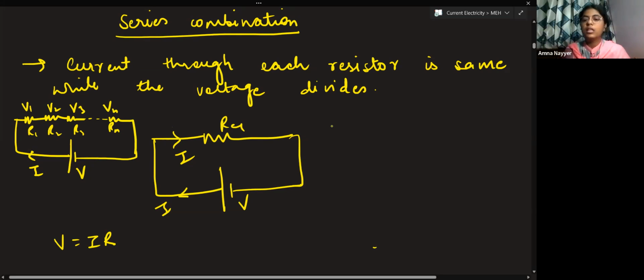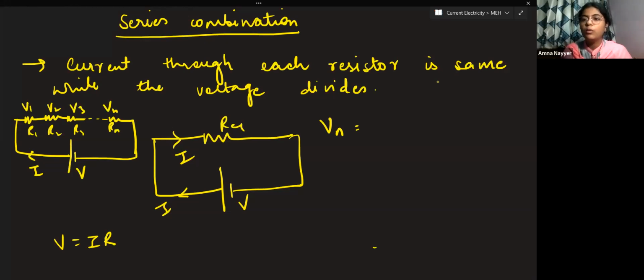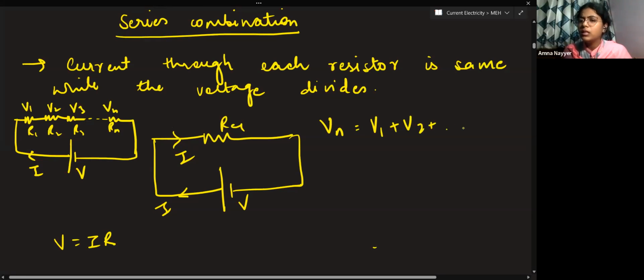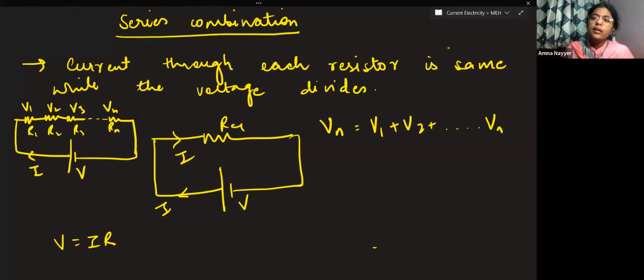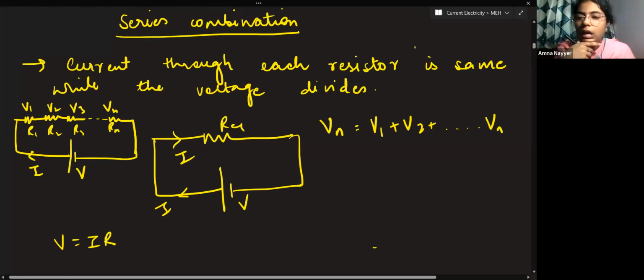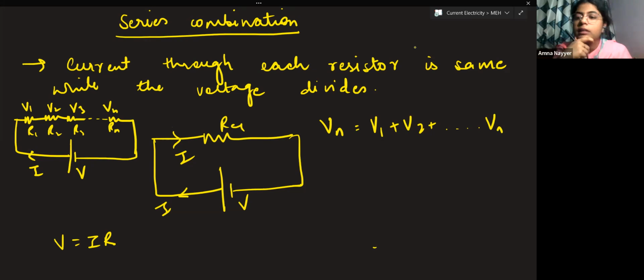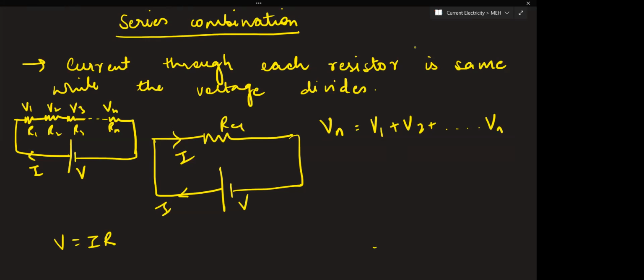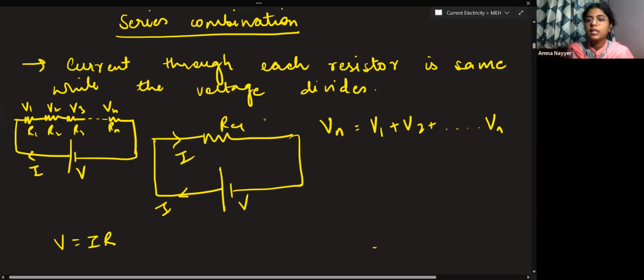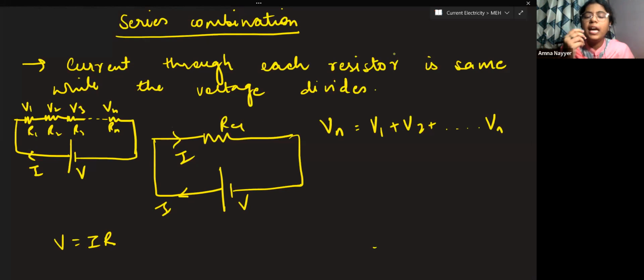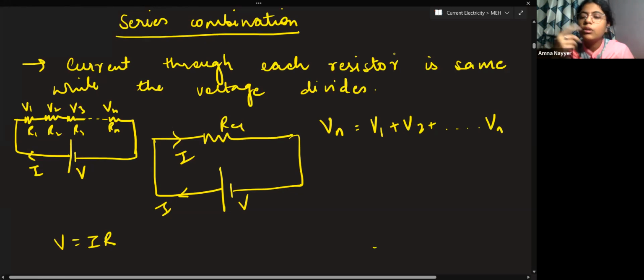So the final voltage V will be equal to V1 plus V2 plus V3 up till Vn. We did Ohm's law. According to Ohm's law, how can you relate V, I, and R together? Yes, class. V is equal to IR. Perfect. So V means the potential of the whole circuit.